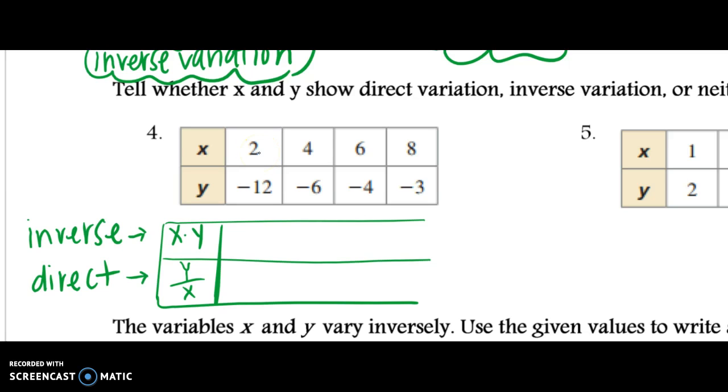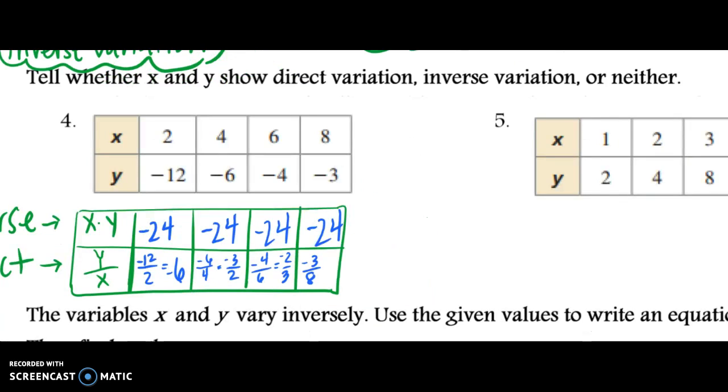2 times negative 12 is negative 24. 4 times negative 6 is negative 24. 6 times negative 4 is negative 24. And 8 times negative 3 is negative 24. This already looks like it's going to be inverse variation. Okay, so I'll work them out just to show you that they're not the same.